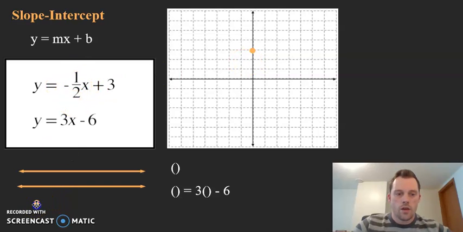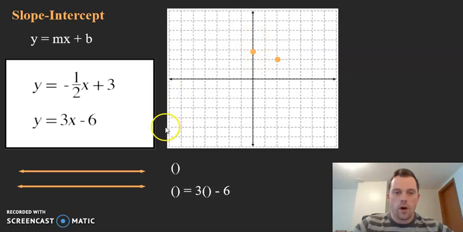We can go a couple ways, right? Remember that if we go down 1, that is a negative direction, so that takes care of our negative there. So we can go down 1, and since 2 has to be positive, we go to the right 2.